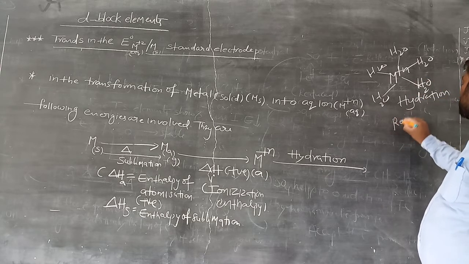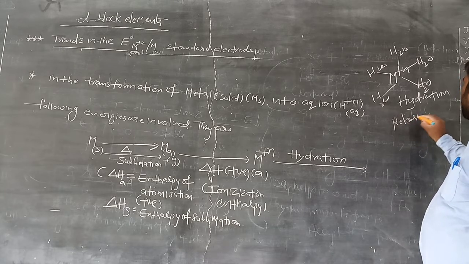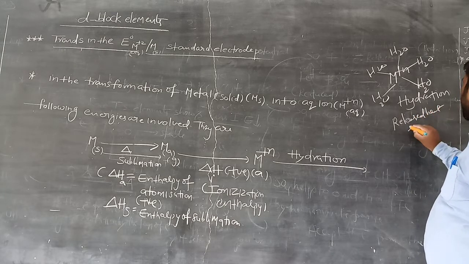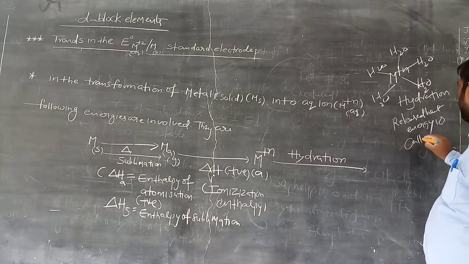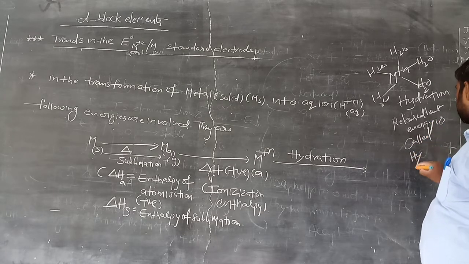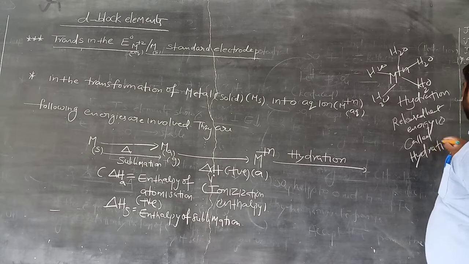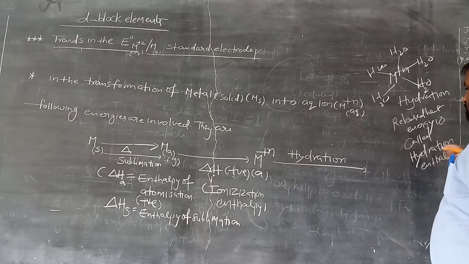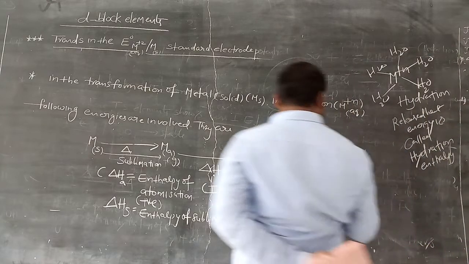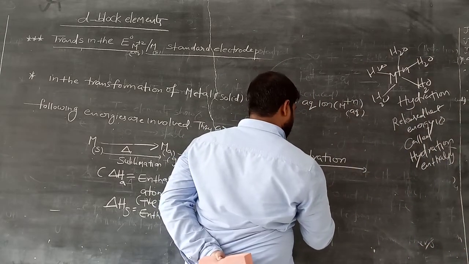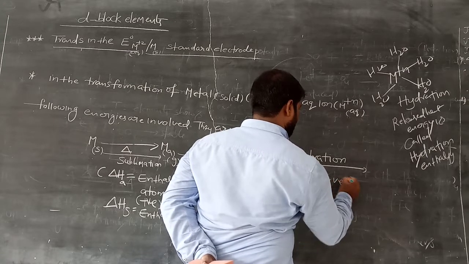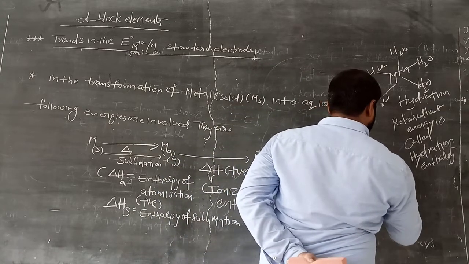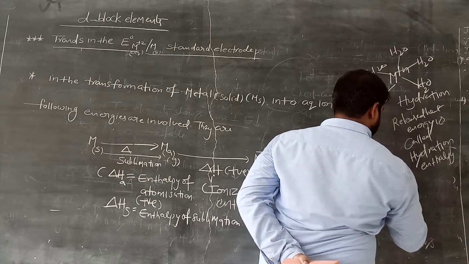This released heat energy is called hydration enthalpy. It is negative, remember this. So delta H hydration is negative.